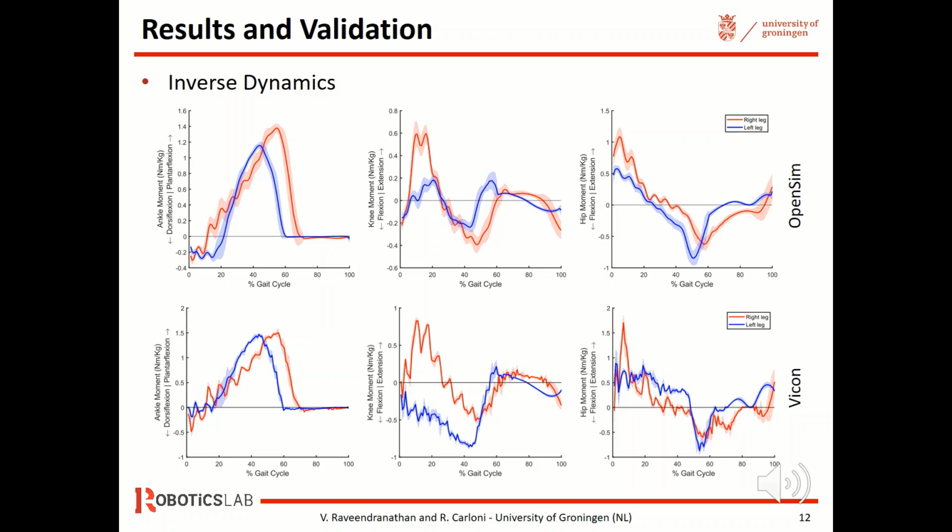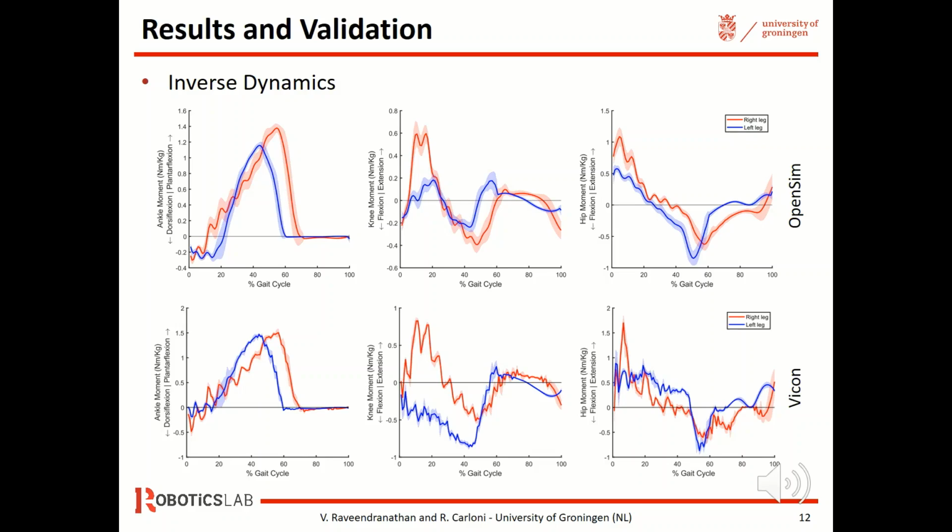The normalized moments across hip, knee, and ankle joints are plotted for a scaled amputee model in these plots. It can be noticed that the left leg generates lower moments compared to the intact limb during heel strikes. The required knee moment of 0.6 Newton meter per kg is not achieved by the prosthetic limb as it is being damped.